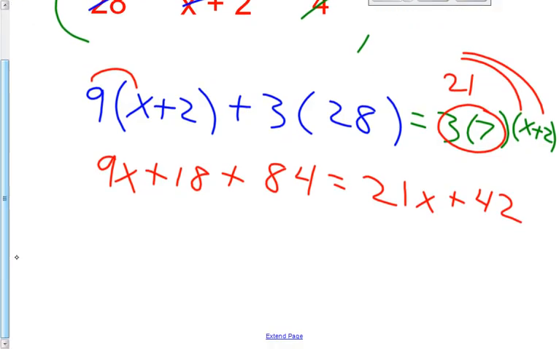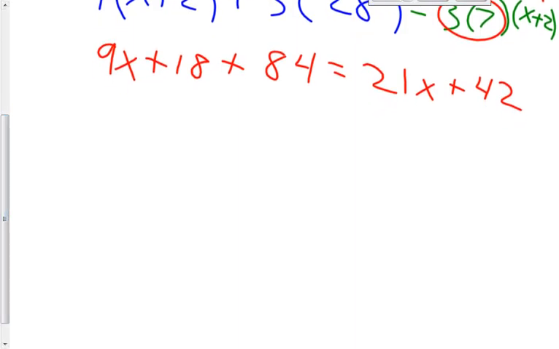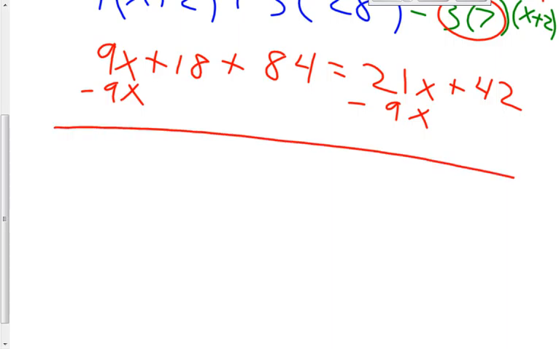All right, let's combine like terms. I'm going to subtract 9x from the left to get it off onto the right. And then if you add up 18 plus 84, you get 102.